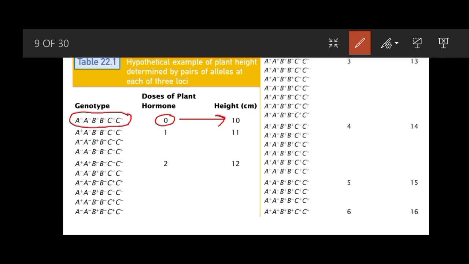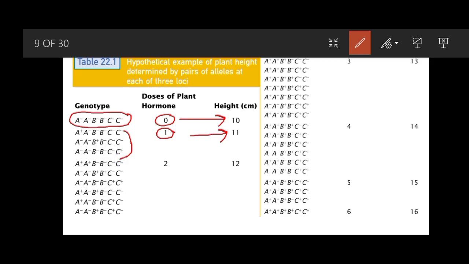But with the increasing number of doses, when one dose is present, it will produce one dose of hormone, and result in a 1 centimeter increase in height. So for 11 centimeter height, we have three genotypes.